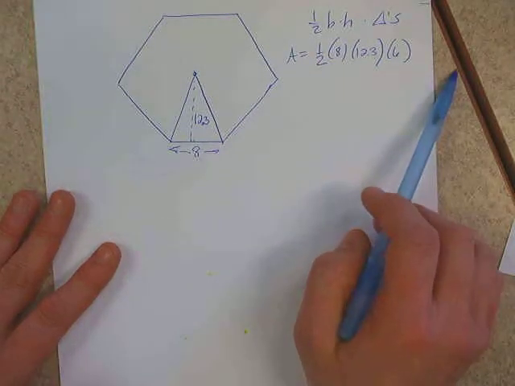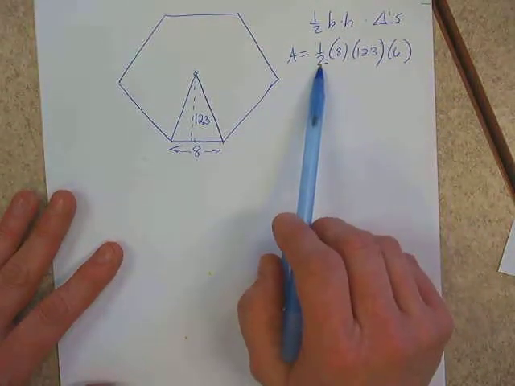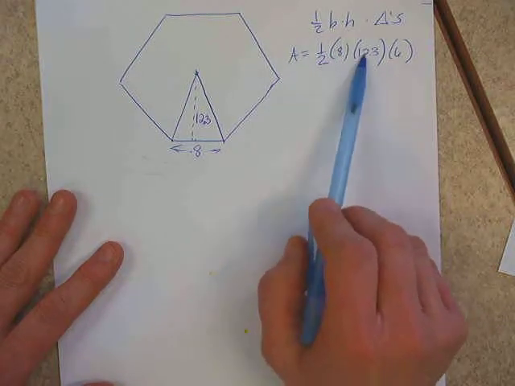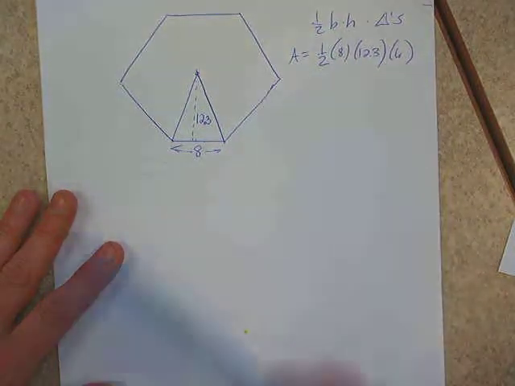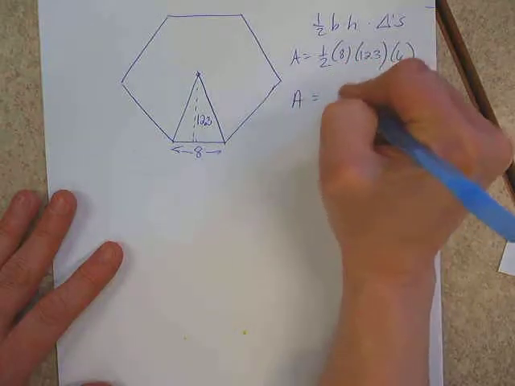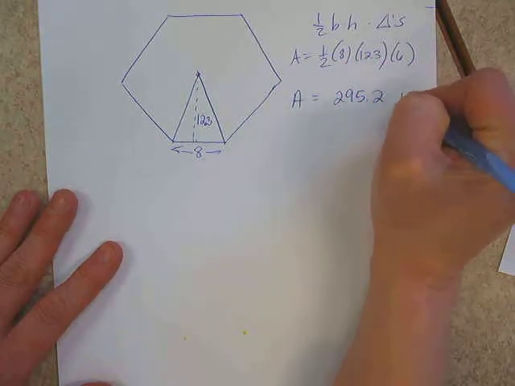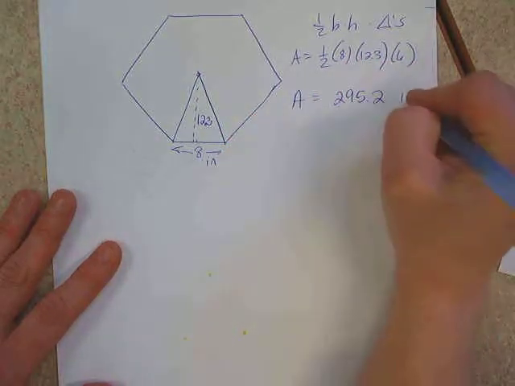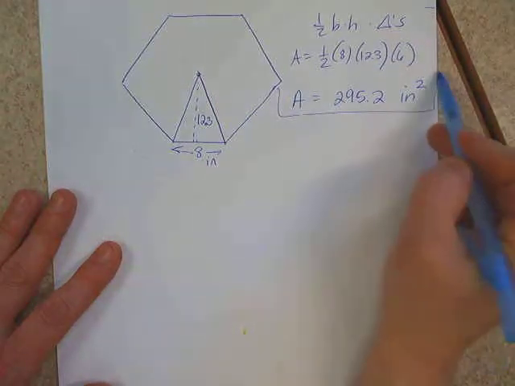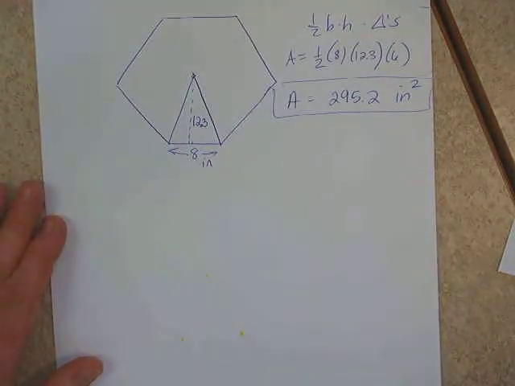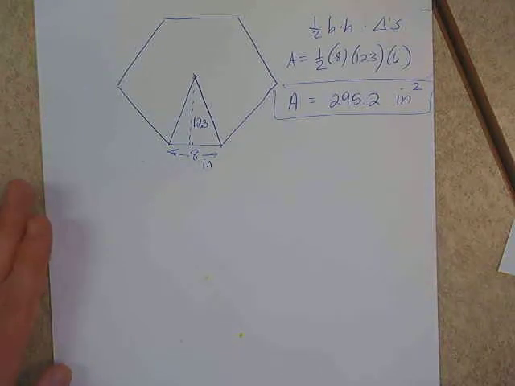If you did the 8 times 6, that would be your perimeter, right? Is that 12.3 or 1.3? 12.3. Now, if you're putting this all into your calculator, I do 0.5 for half. Just do 0.5 times 8 times 12.3 times 6. You've got your area. So this area is 295.2.